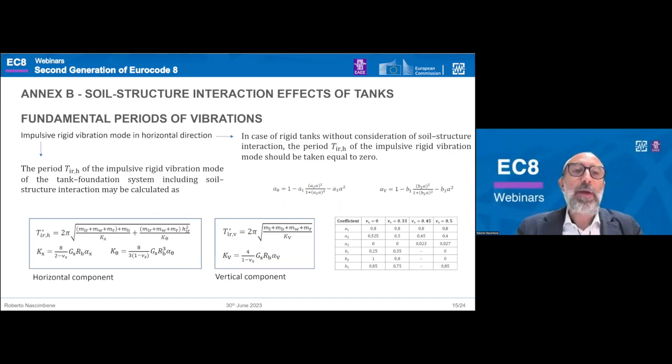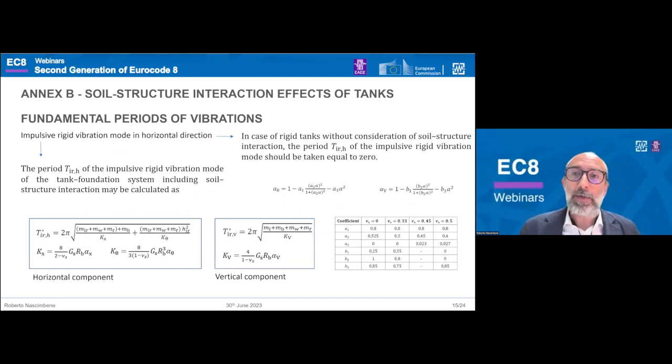Annex B is very important because it gives rules to consider the soil structure interaction effects in the calculation of cylindrical tanks. If someone is going to ask, what about rectangular tanks?